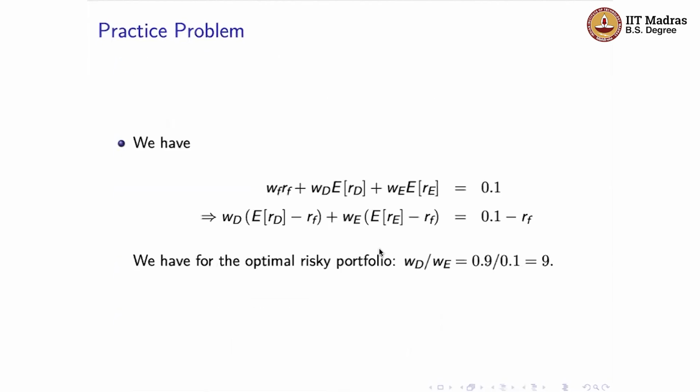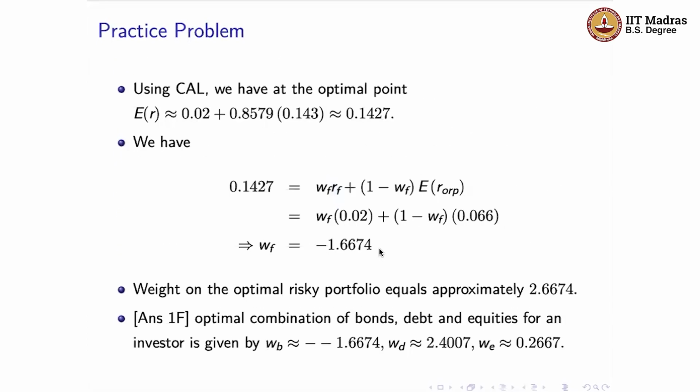So if we plug in these expressions, we end up getting that WF is equal to minus 1.6674, right? So the weight on the optimal risky portfolio is 1 minus this term, and therefore it's equal to 2.6674.